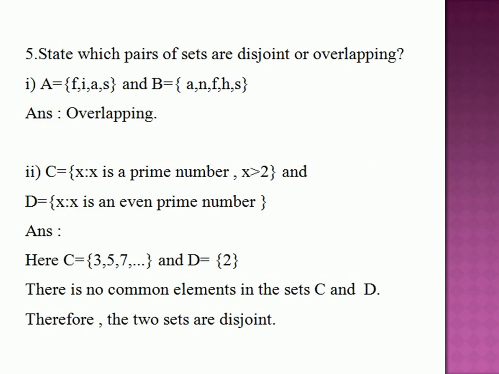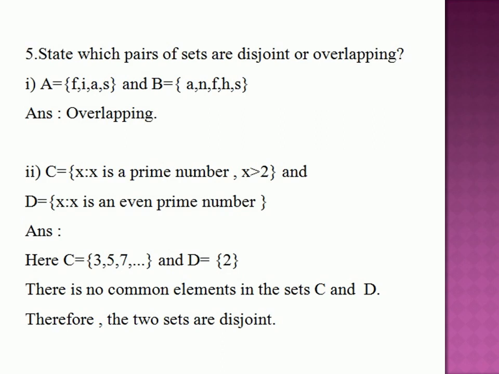First subdivision, A equal to {F, I, A, S} and B equal to {A, N, F, H, S}. In this, F, A and S are common elements in both the sets. So it is overlapping sets.